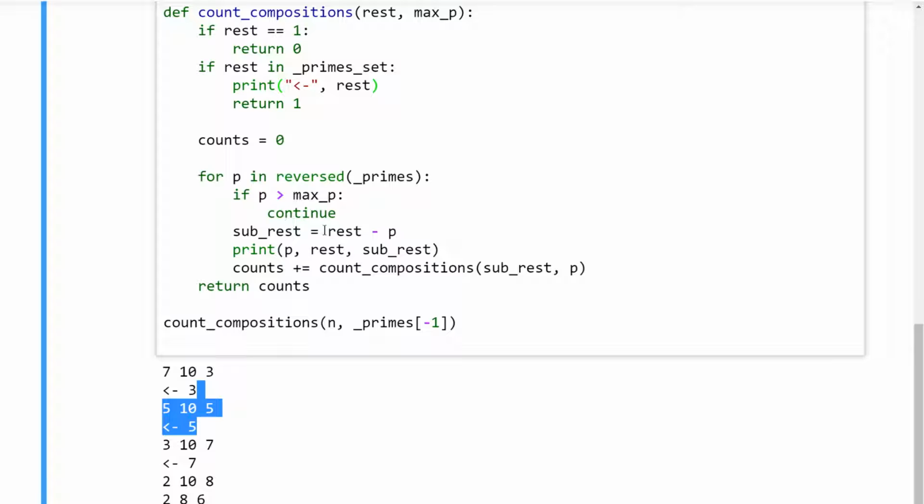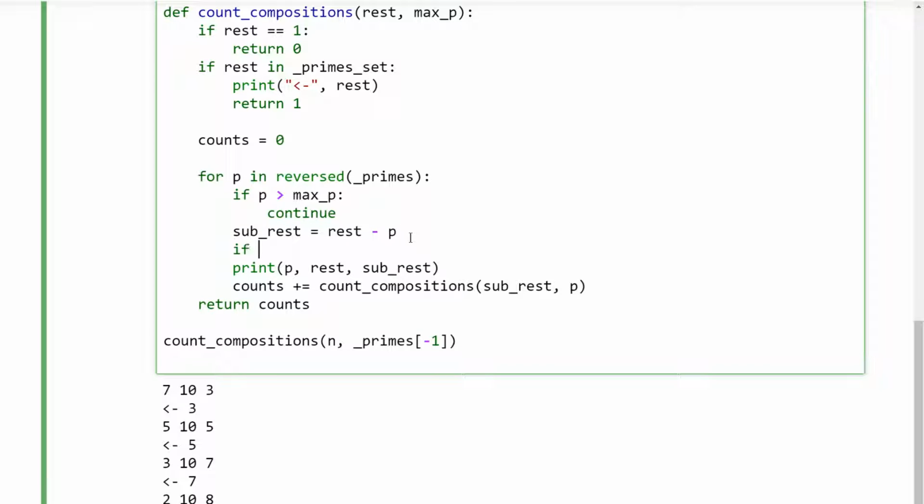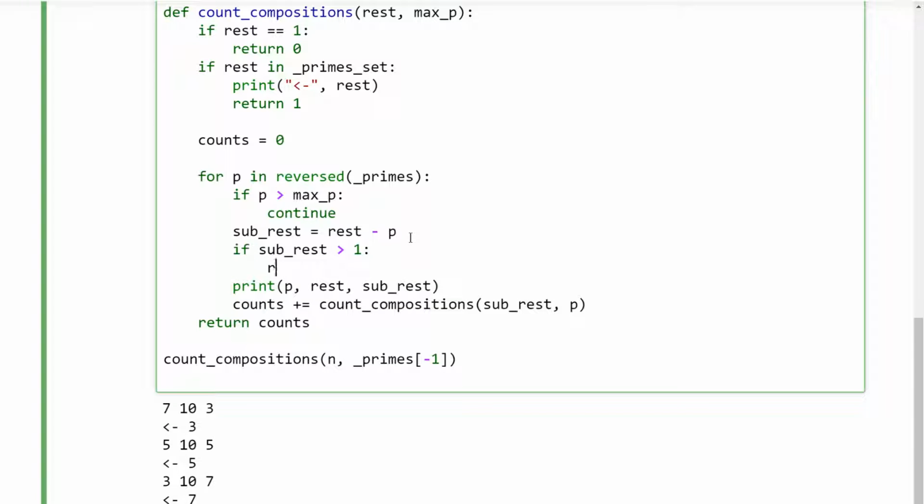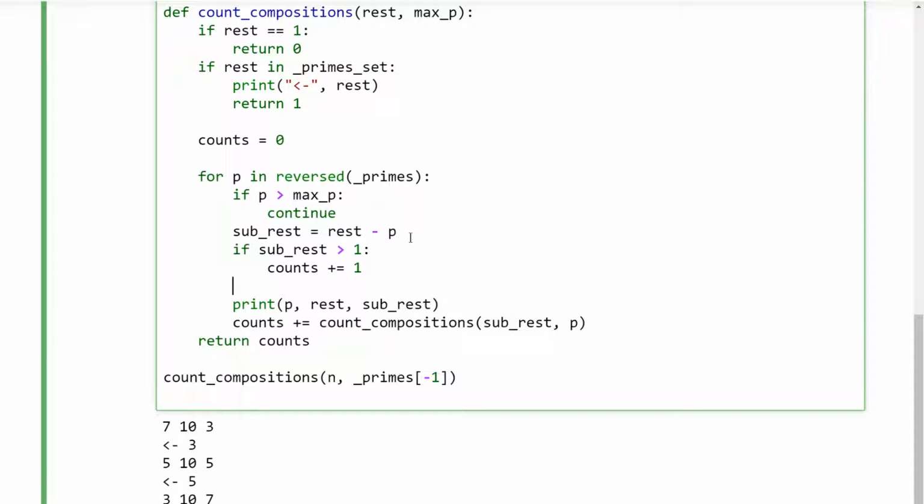I don't know. I think it's just if subrest greater than 1, if subrest, return counts, else.